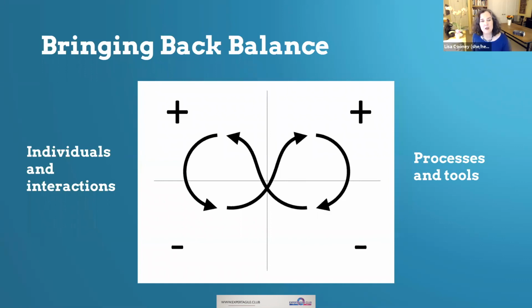So there are going to be circumstances where the tool or maybe even the process really needs to be attended to and needs to be given highest priority temporarily so that you can figure out how to work together and move forward. So I don't think that the original signers of the Agile Manifesto intended for this to be a good or bad situation, but actually intended it to be in balance.